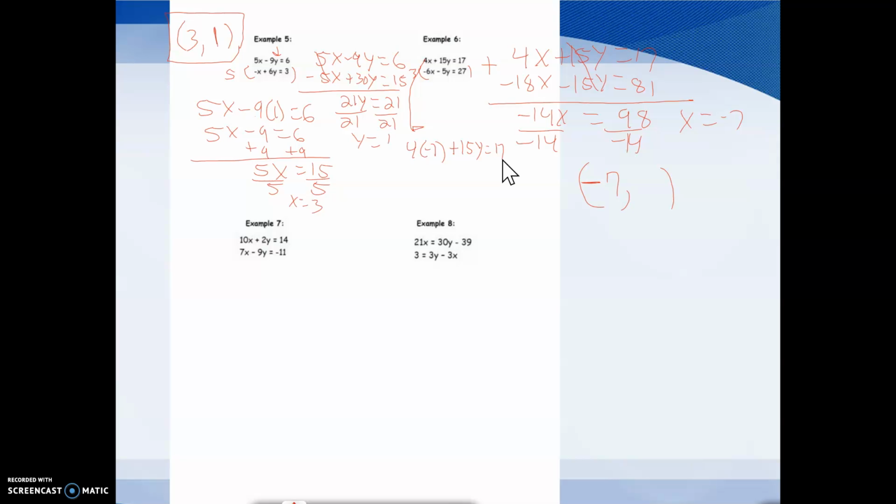And then I'm going to work that fairly simple problem out. So what's that? Negative 28 plus 15y equals 17. Add 28 to both sides. And then I get 15y equals 17 and 28, what is that? 45, right?